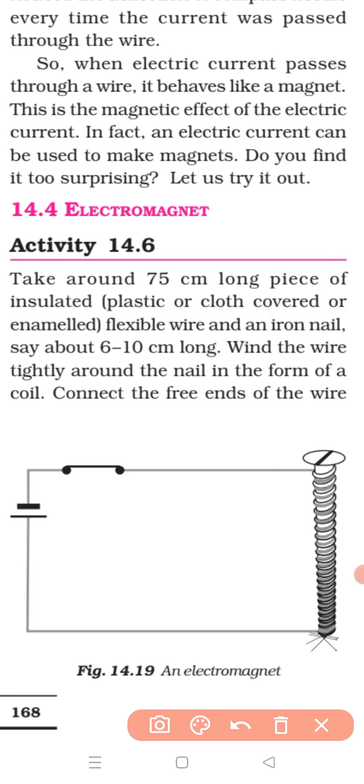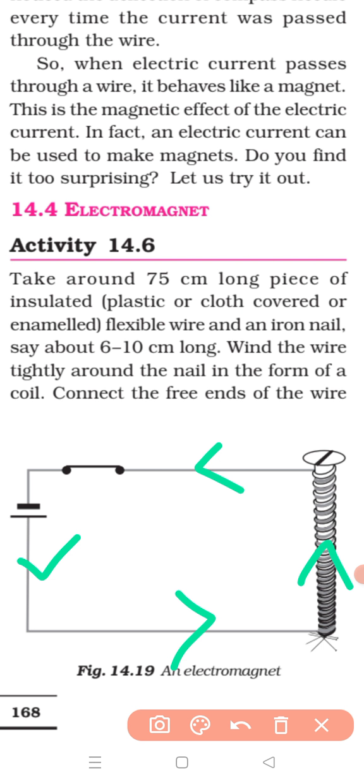When the switch is on, current will pass through the coil, and the setup will behave like a magnet. It produces a magnetic field and a magnetic effect.